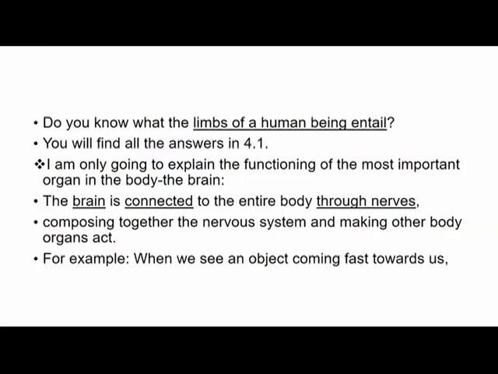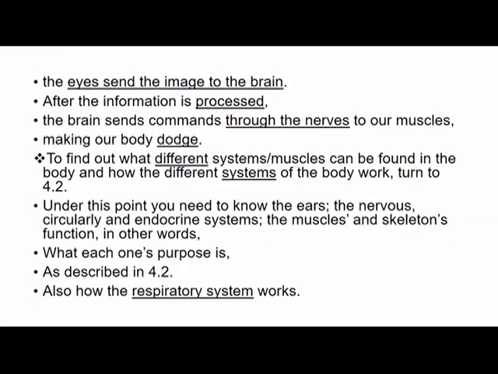For example, when we see an object coming fast towards us, the eyes send the image to the brain. After the information is processed, the brain sends commands through the nerves to our muscles, making our body dodge.